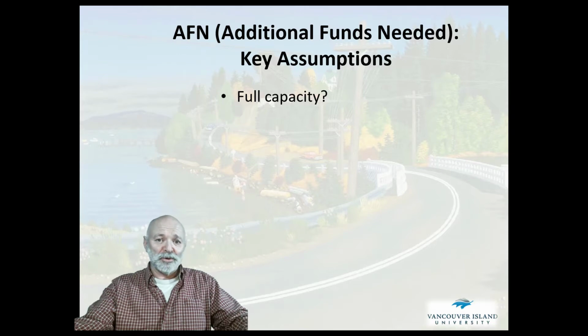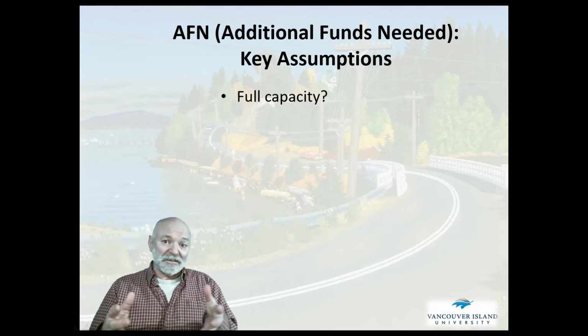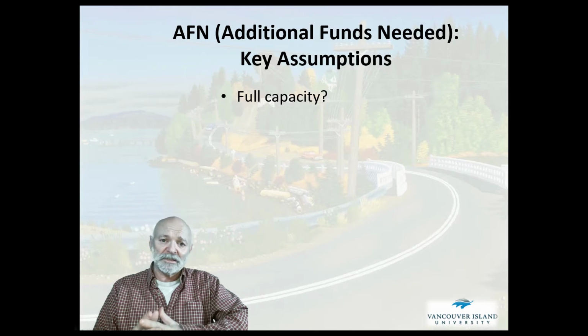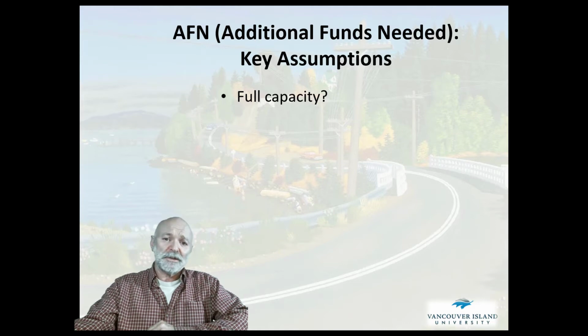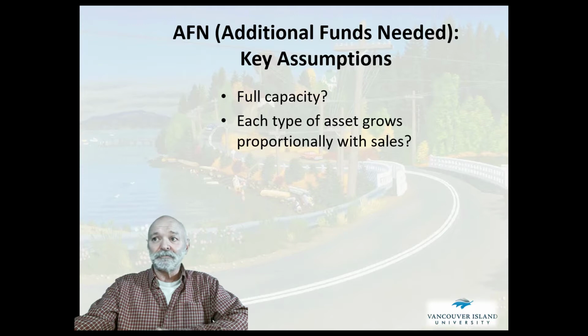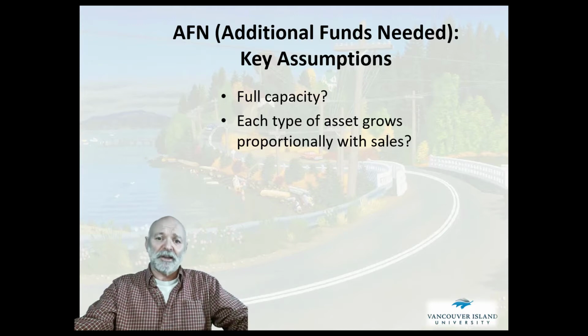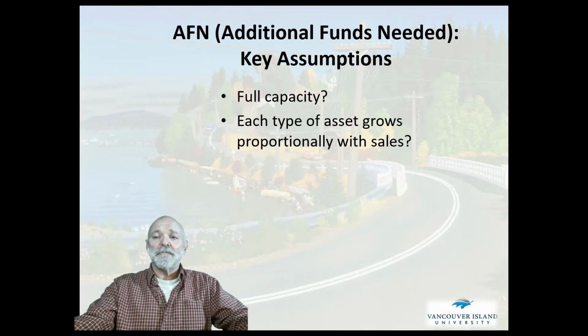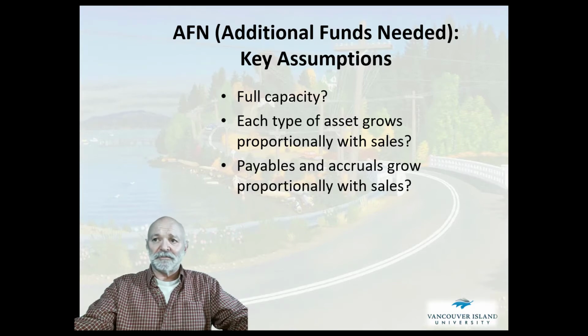We start off with a few assumptions to say, before we do anything, we assume that the business is operating at full capacity already. It's using all of its assets all of the time, so any new business is going to require additional equipment. We also perhaps make a simplifying assumption that all of the different types of assets that we control grow proportionally with sales.